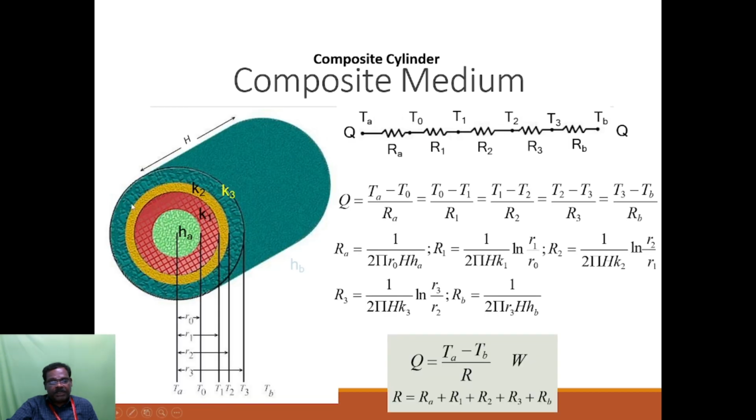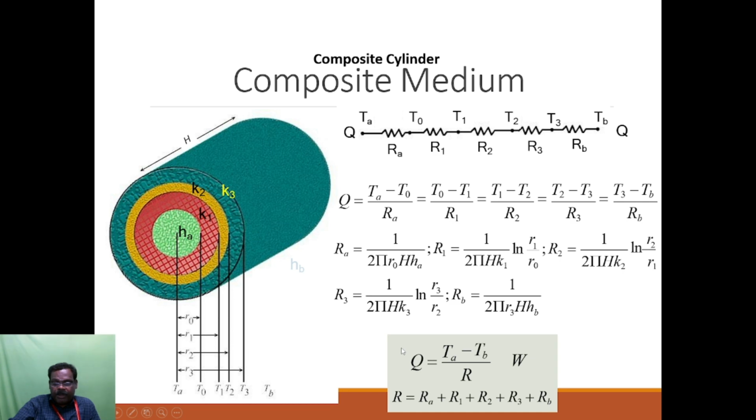It's a composite medium, a composite cylinder: you have a cylinder surrounded by another cylinder, then one more cylinder, 3 things, with thermal conductivities K1, K2, K3.